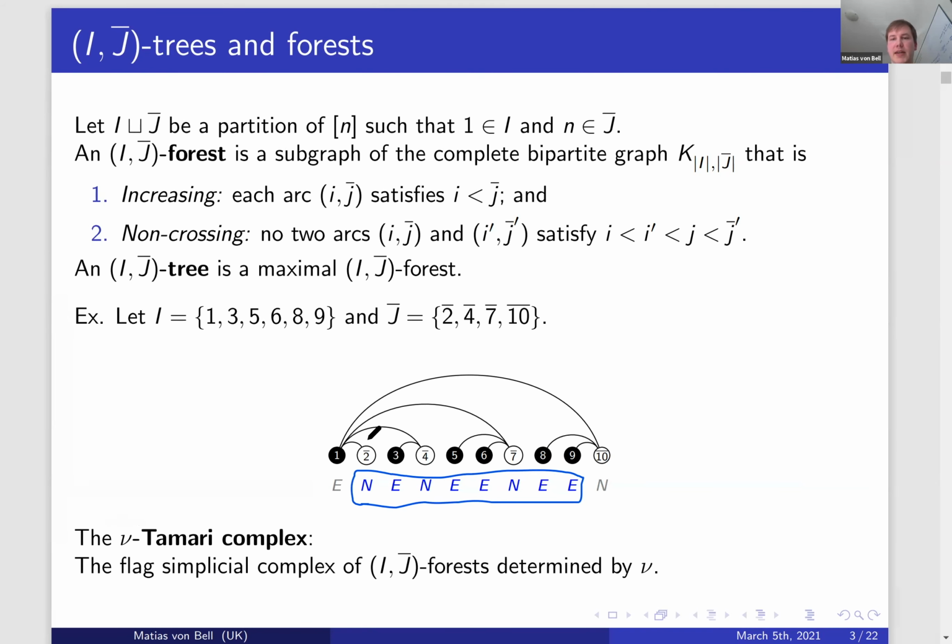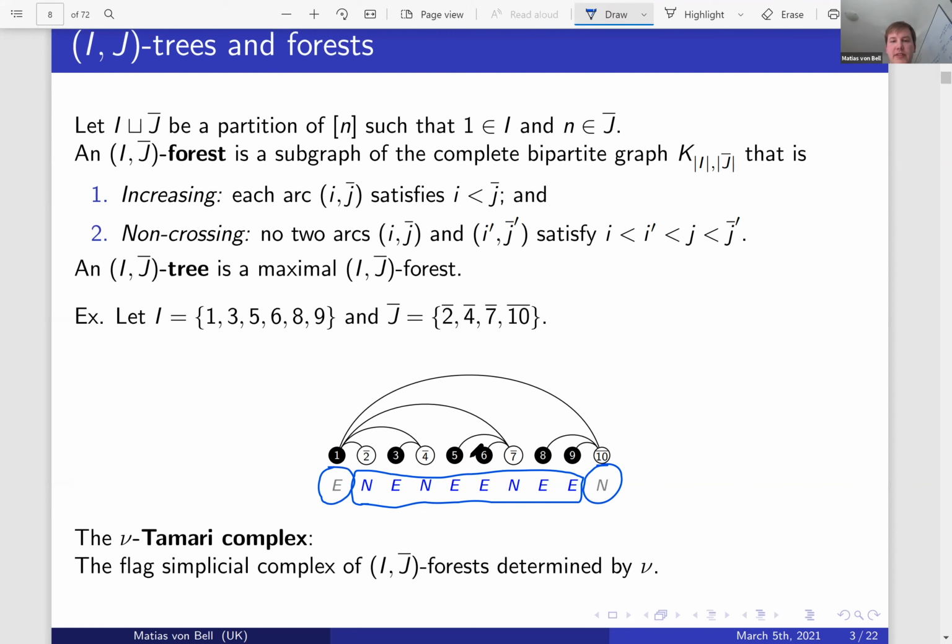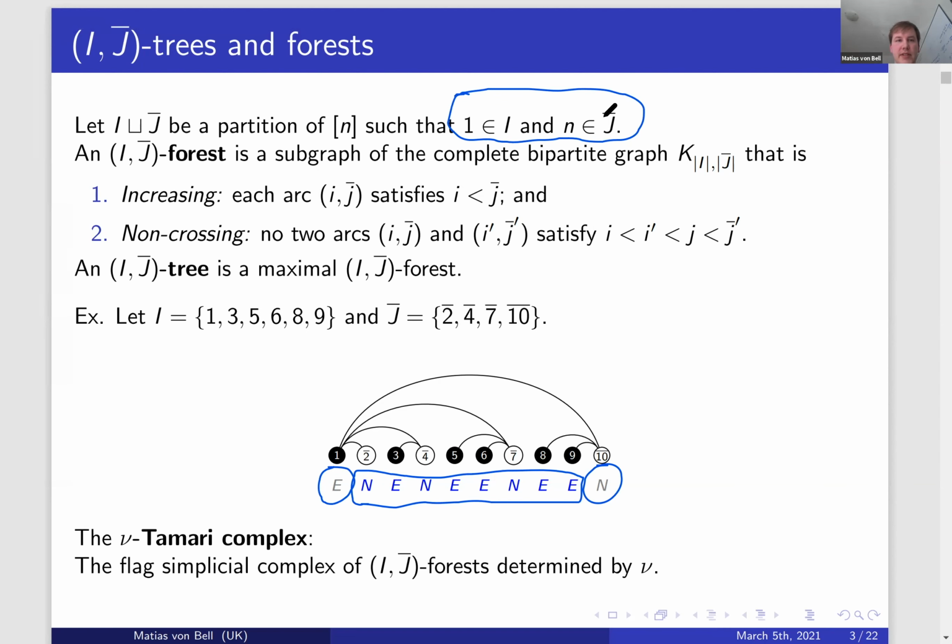We make a correspondence between elements of I and north steps, elements of I and east steps, and elements of J and north steps. Specifically, we take all of the letters here except for the first one and the last one. Those are just there to guarantee that the condition on the top is satisfied, so that 1 is in I and n is in J.